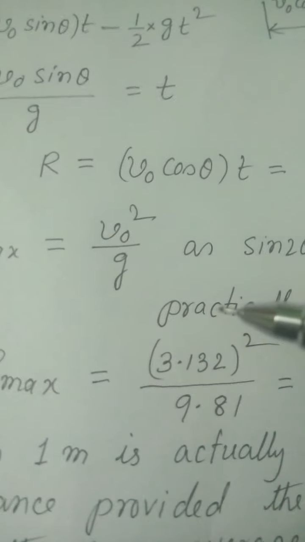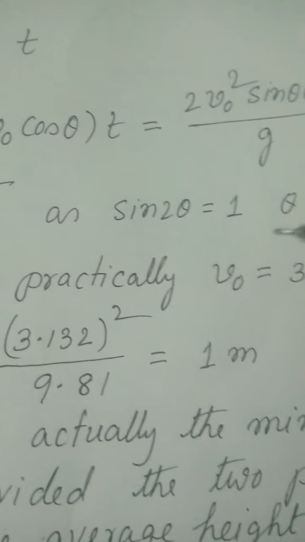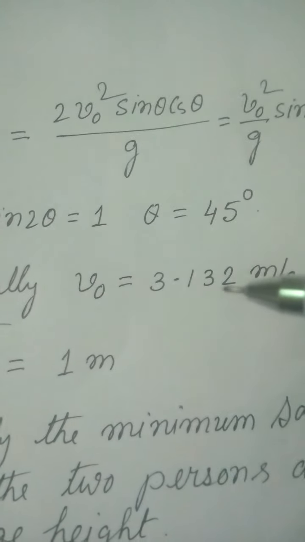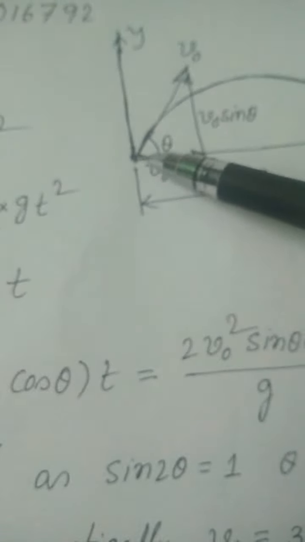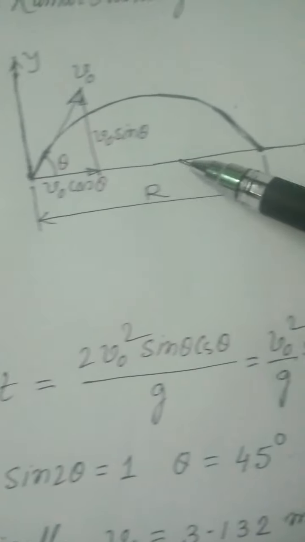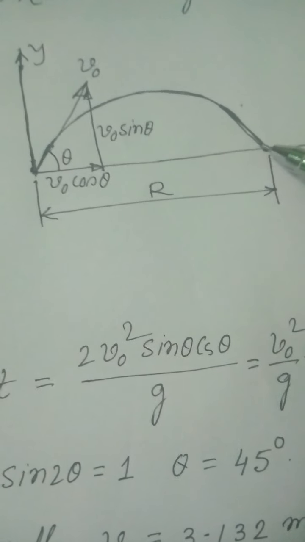now this is the data we have got. The velocity is equal to 3.132 meter per second. Now here there is a nose of the average height of the human, and this is also the nose of the average height of the human.